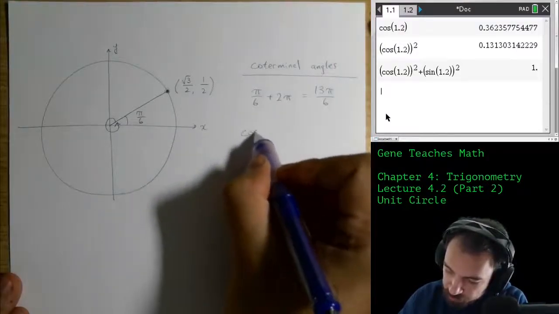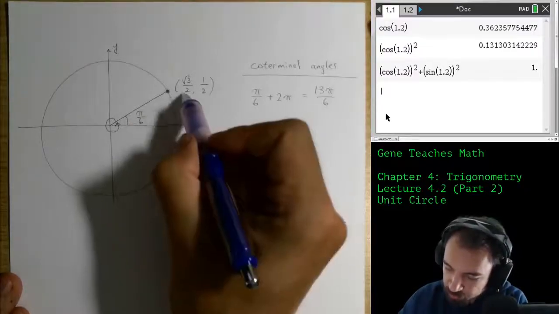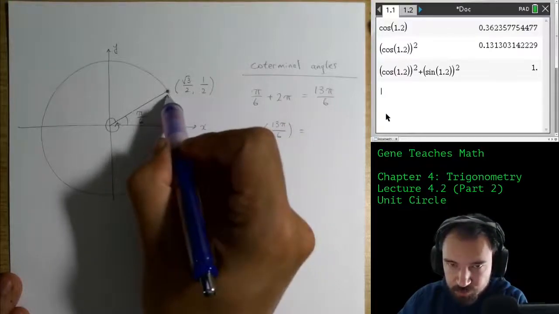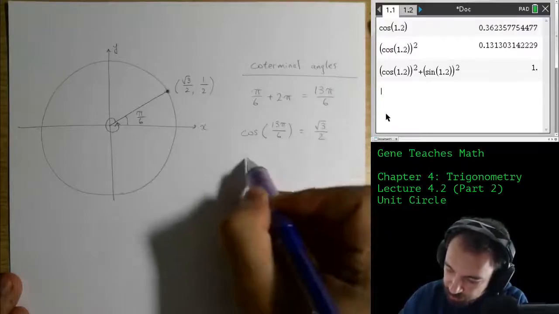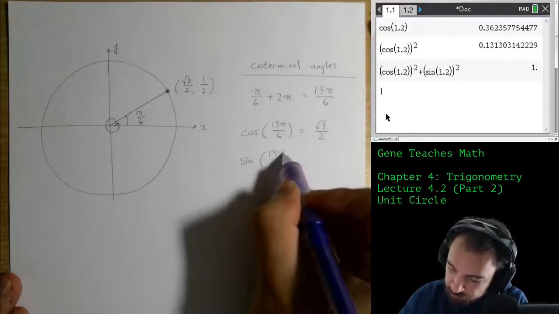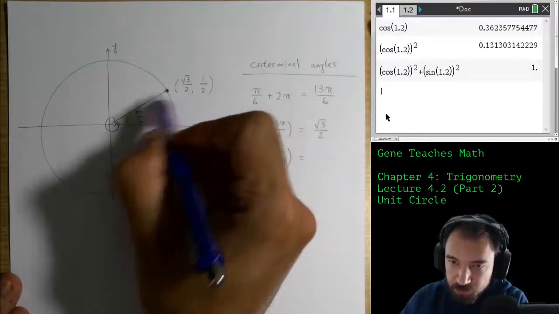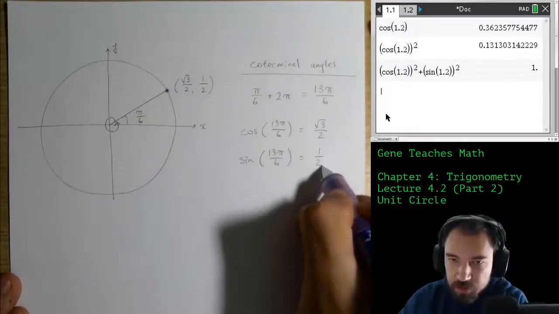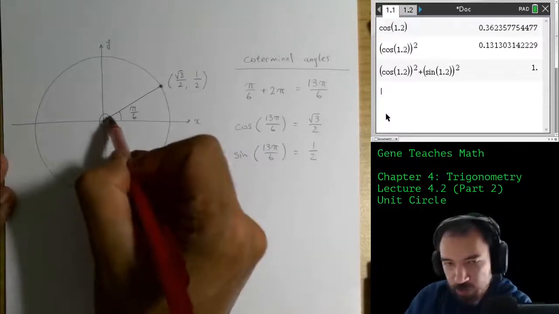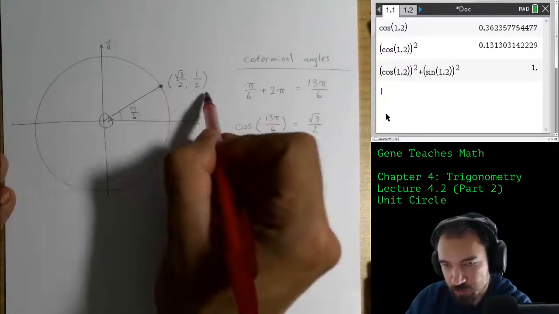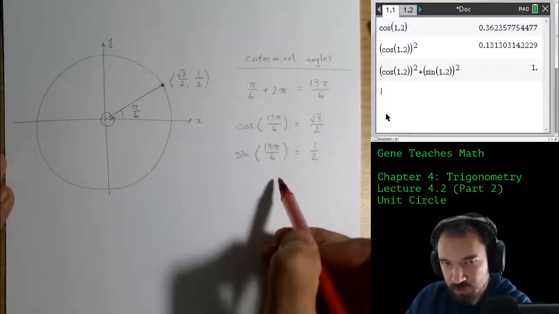So if I asked, what is cosine of 13 pi over 6? Well, that would be the same x-coordinate of the same intersection point because we have the same terminal side, root 3 over 2. If I ask for sine of 13 pi over 6, I would get the y-coordinate of the same intersection point for the same terminal side. And so this allows us to say that if we go around the circle and end up at the same terminal side, we get the same intersection point, which means we get the same values for the trigonometric functions.